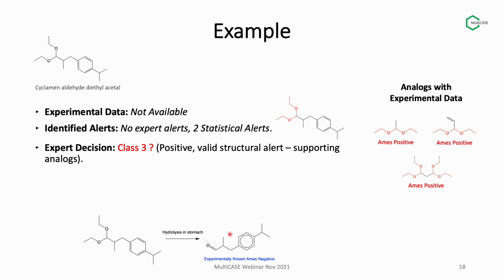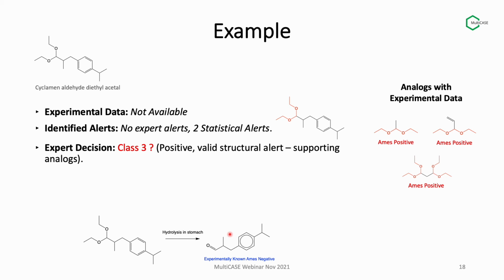But since I do not have enough expertise to confirm that, this Ames negative metabolite may not tell us everything about what will happen with the parent compound. There might be some unchanged compound remaining which might cause toxicity. So I don't know enough about it, and that's why I put a question mark.